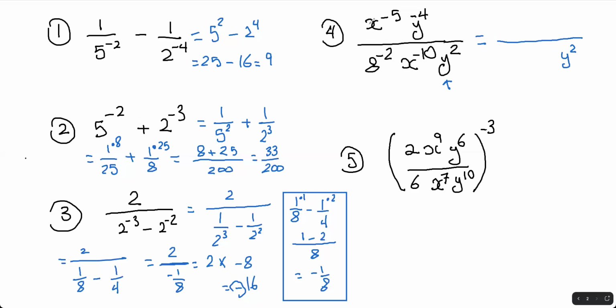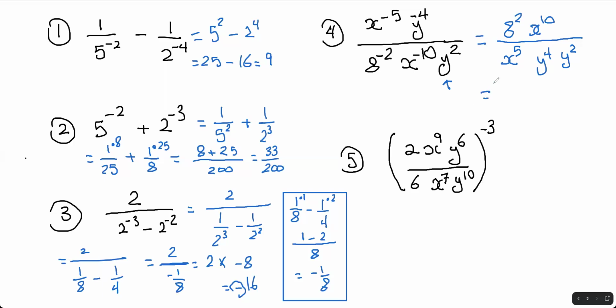Like x to the negative 5 is on top, it has a negative exponent, bring it to the bottom and make the exponent positive. Y to the negative 4 is on top, it has a negative exponent, bring it to the bottom, make the exponent positive. 8 to the negative 2 is on the bottom, negative exponent, bring it to the top, make the exponent positive. X to the negative 10 is on the bottom, bring it to the top, make the exponent positive.